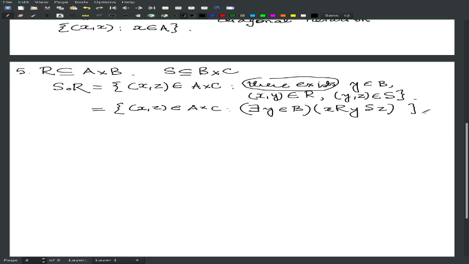But now for some nice properties which I have listed. So firstly, the inversion, if you do it twice, you get back the original relation. Okay?